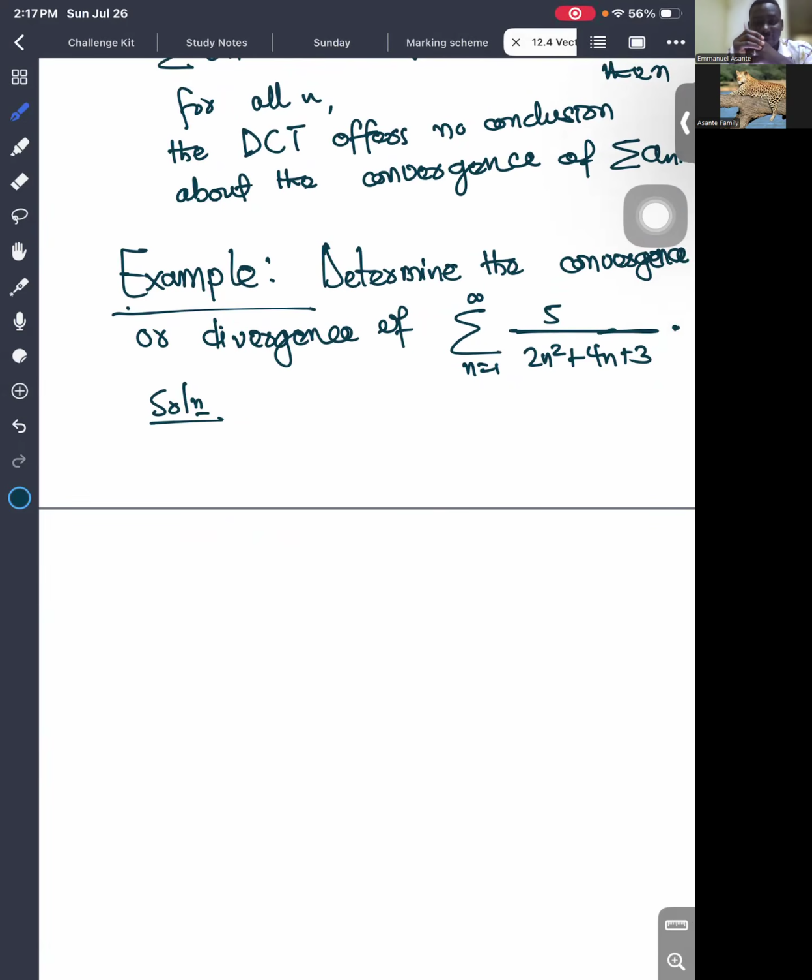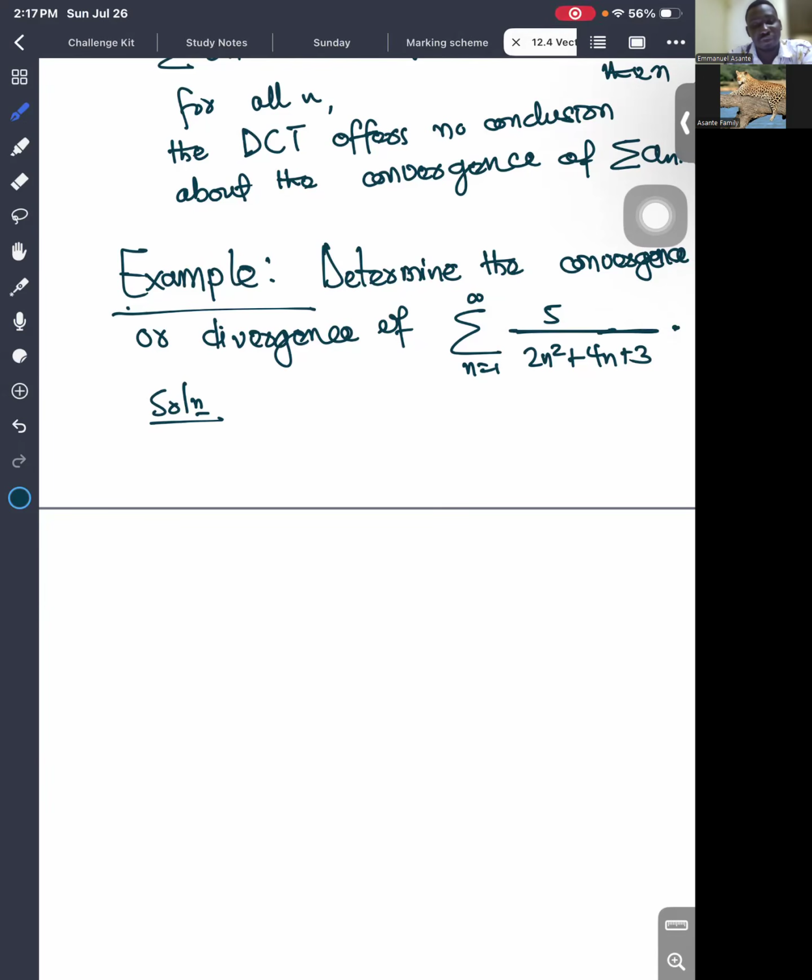Right now we've been given this series in this example, and we have to determine using the direct comparison test if it is divergent or convergent.